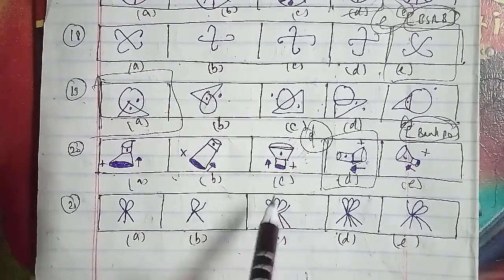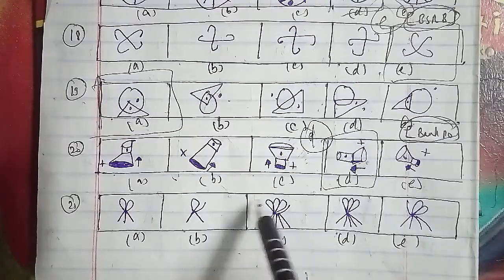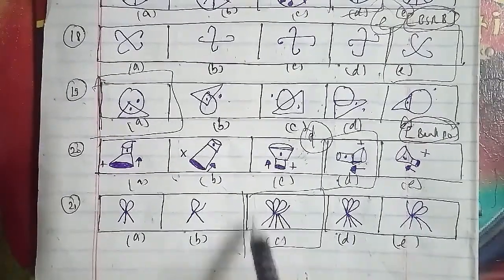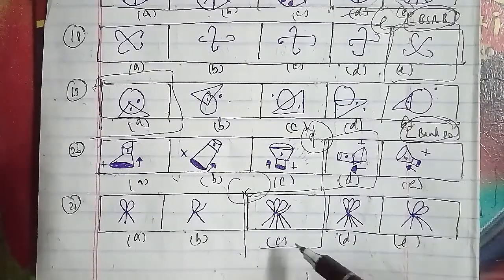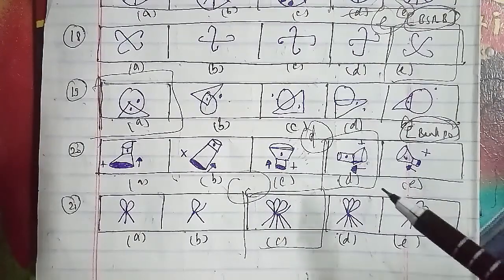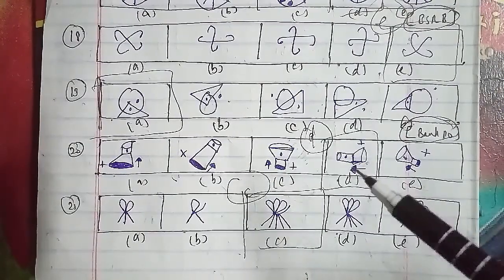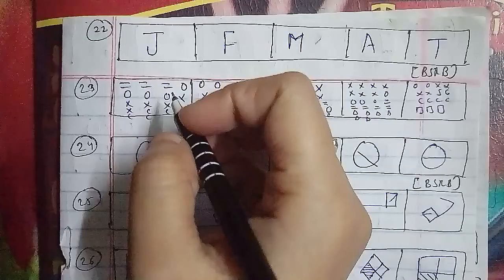Here you can see that there are 3 equal signs, 4 circles, 5 crosses, and 6 crosses, and then we have a C as well, representing the figures A, B, C, D and E. This has been asked in the BSRB examination paper, which is also an important paper for competition.